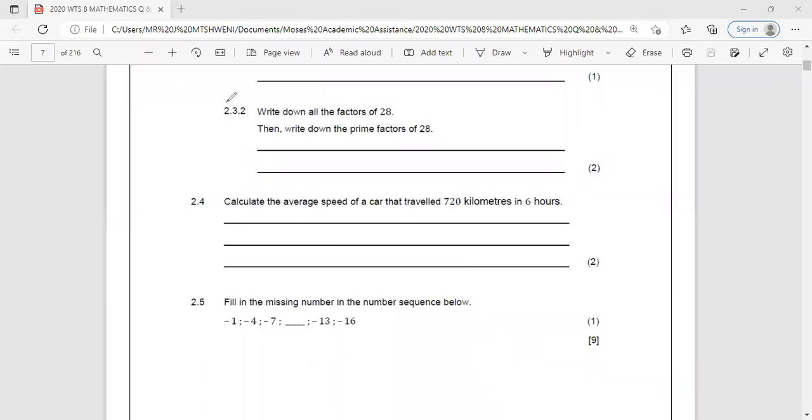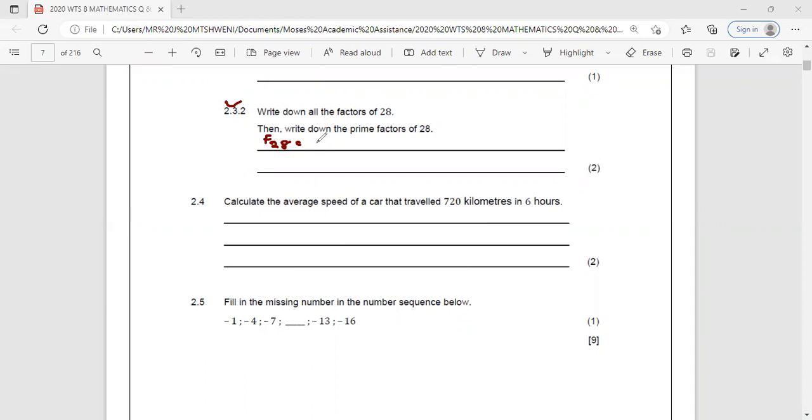Okay, move on to this question. Write down all the factors of 28, then write down the prime factors. Firstly, we write down the factors of 28. Factors of 28 are numbers that can divide 28.